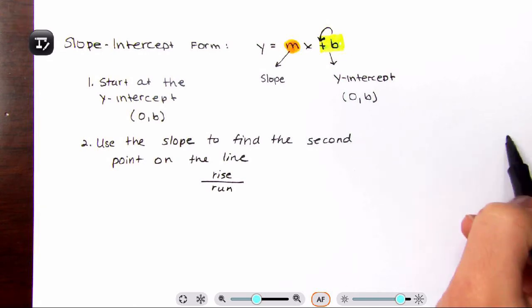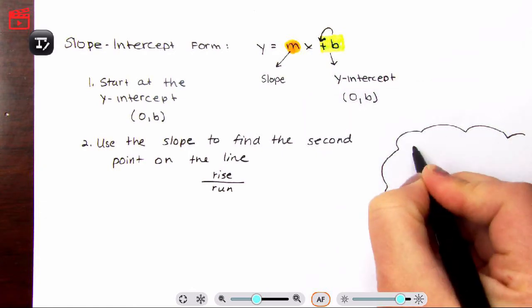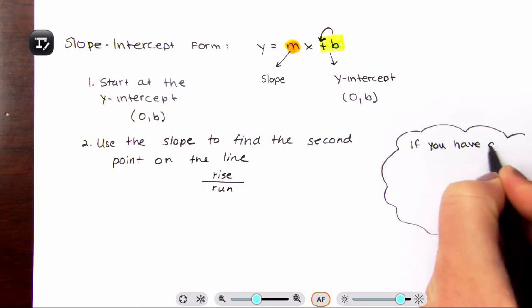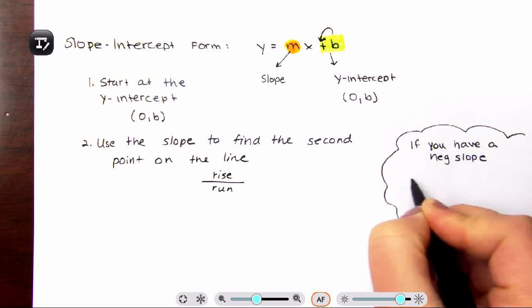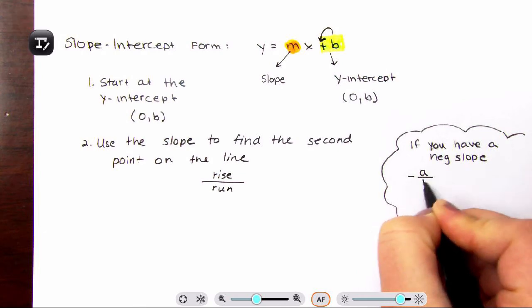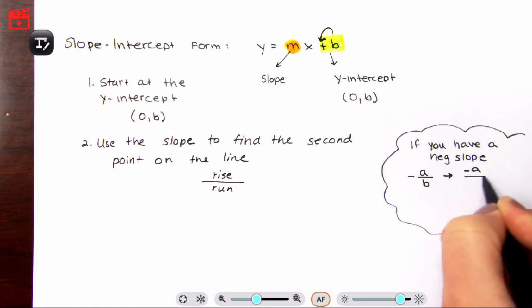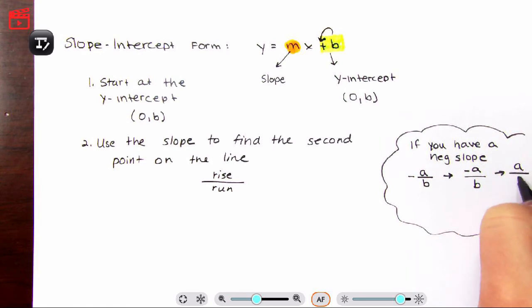Here's the thing right here, thinking bubble. If you have a negative slope, for example, negative a over b, I'm just making it up, you can rewrite this as negative a over b, or you can rewrite this as a over negative b.